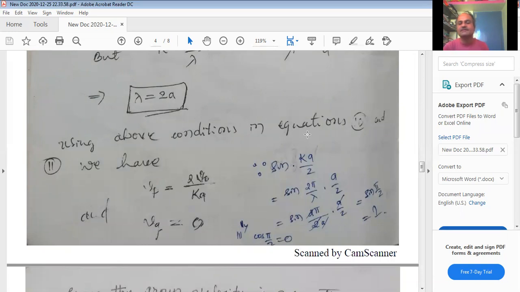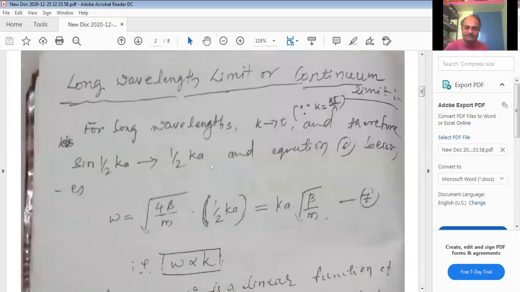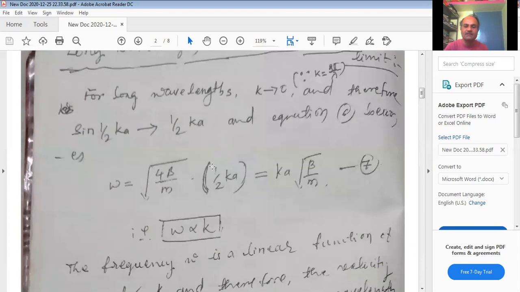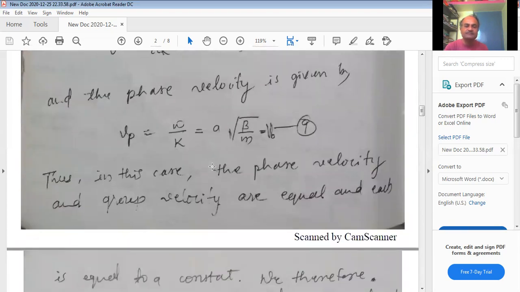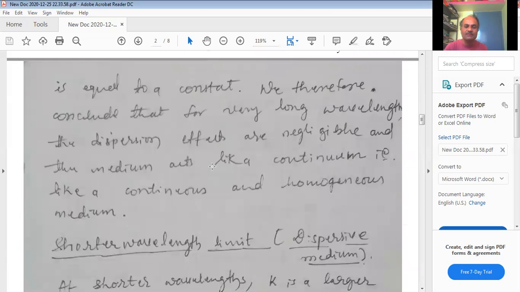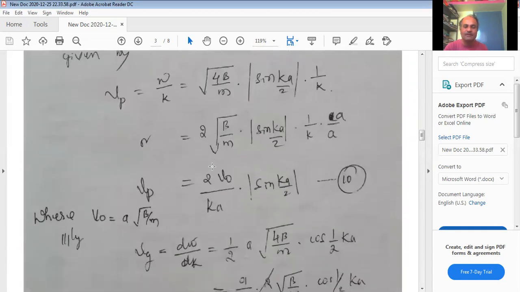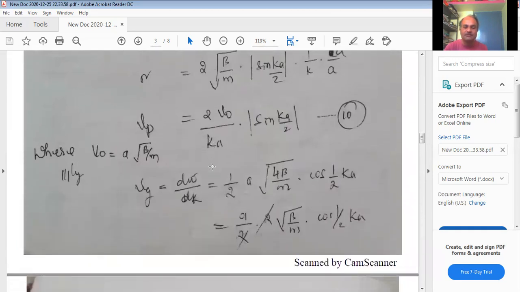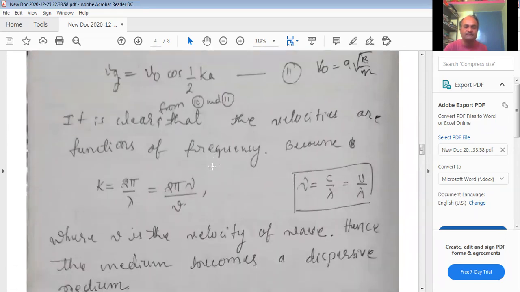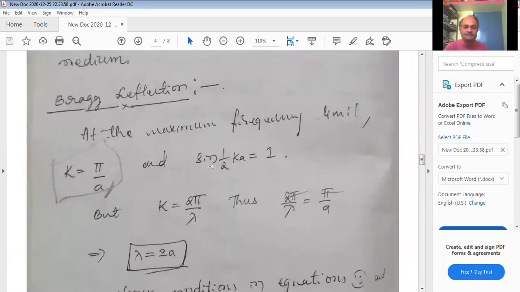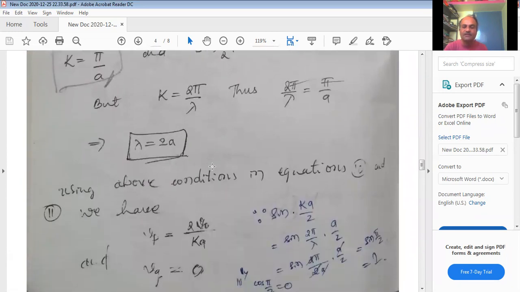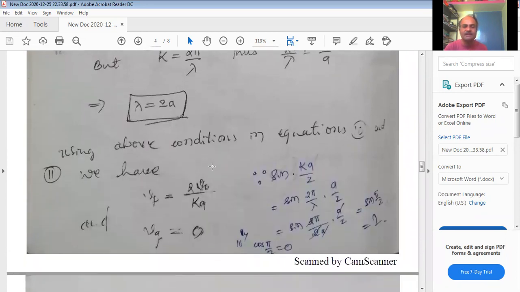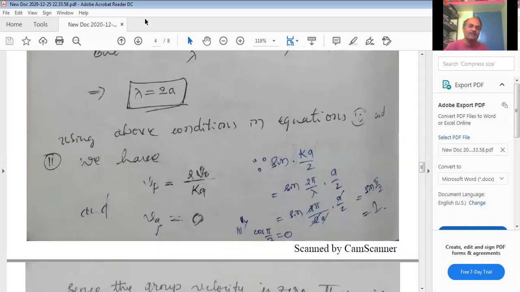So using above conditions in equations 10 and 11, we have expressions for phase velocity Vp, which becomes 2 V naught upon k, because sine of ka by 2 is there.